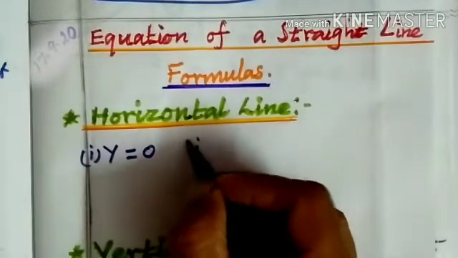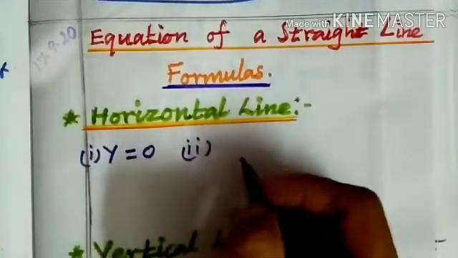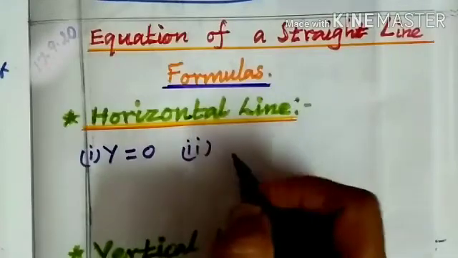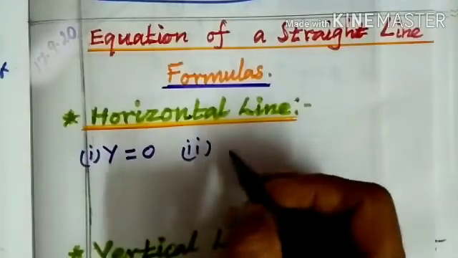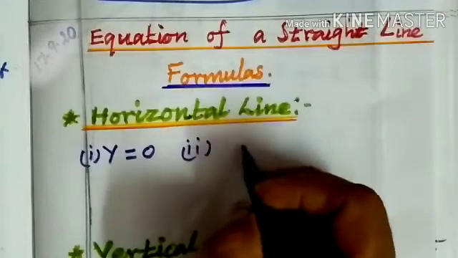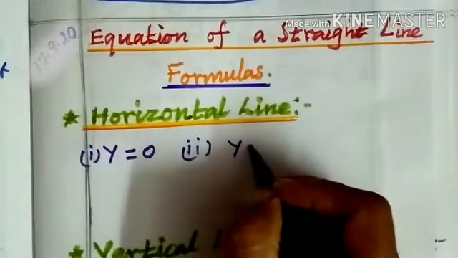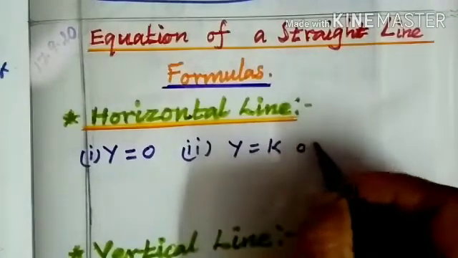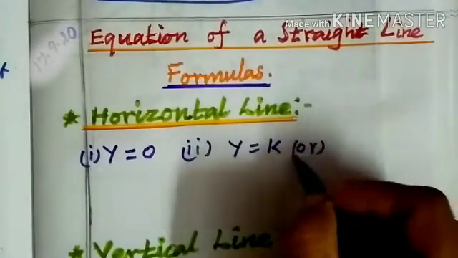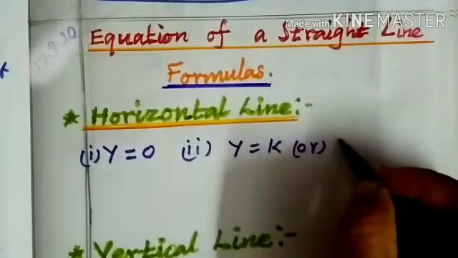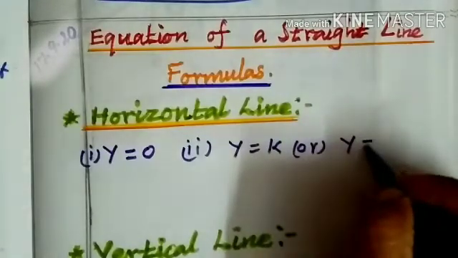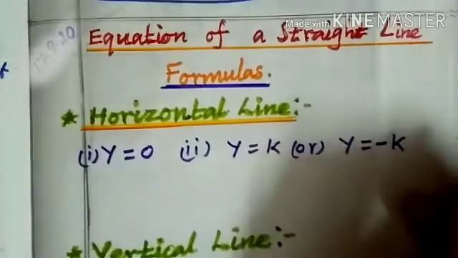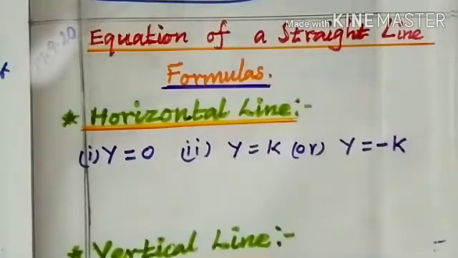If a straight line is parallel to the x-axis, above the x-axis, then the equation is y is equal to k. If it is parallel to and below the x-axis, then the equation is y is equal to minus k. Here k is a constant y coordinate.